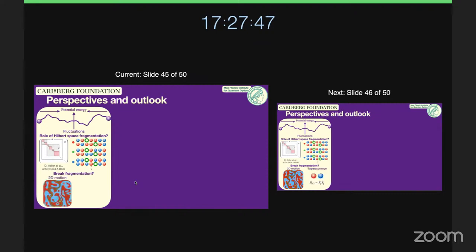What you can do, for example, is look at a fully 2D lattice and look at motion in 2D. This breaks the fragmentation. Another thing you can do is put in spin exchange, superexchange terms and see what that does.